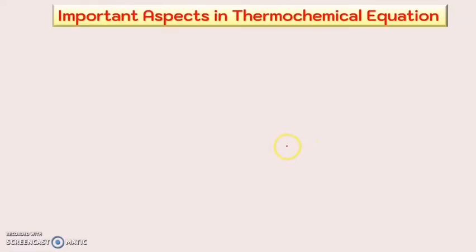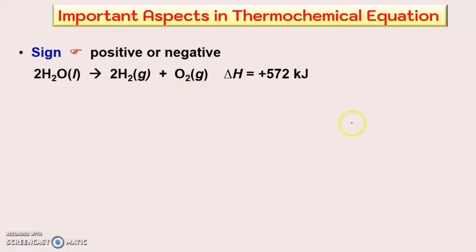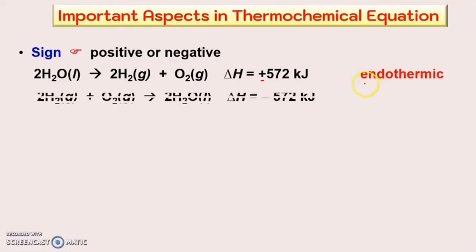There are some important aspects in thermochemical equation. The first one is about the sign, positive or negative. For example, I have this thermochemical equation with delta H equal to positive 572 kilojoule. It indicates that this reaction is an endothermic reaction.